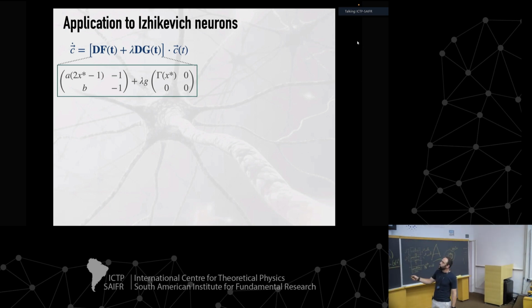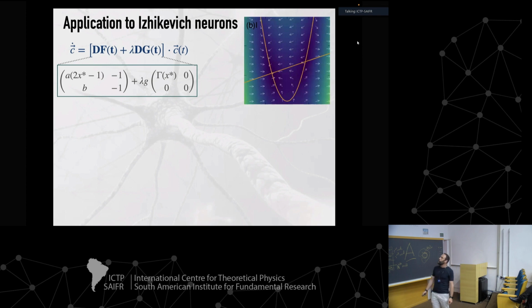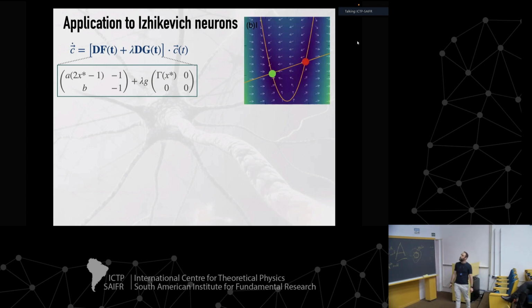Obviously, this should be related to the eigenvalues, this lambda of the adjacency matrix. Now, here you see this x star is the exact expression of the fixed point of the Izhikevich neuron alone, okay? The Izhikevich neuron alone contains these two null lines, and you have two fixed points, one stable and the other unstable.